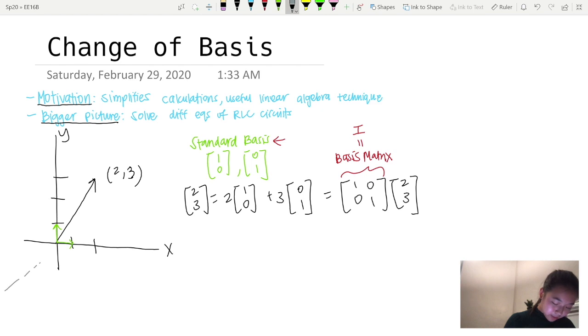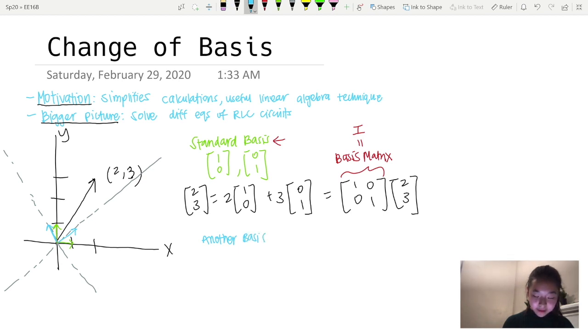Let's arbitrarily take the basis where the axes are along the diagonal instead. In this case, you would have the basis vectors (1, 1) and (-1, 1). Again, this is just another basis. It's not a specific basis I'm picking, but just another example.